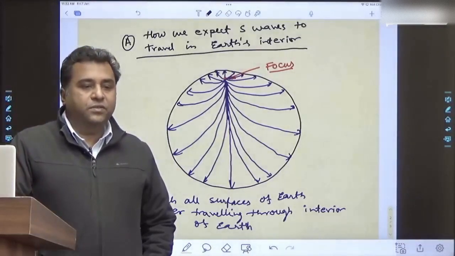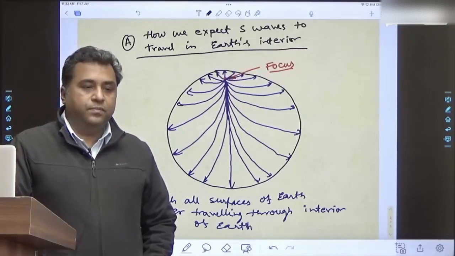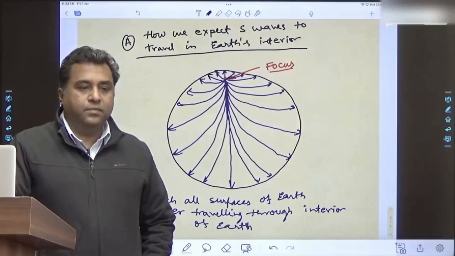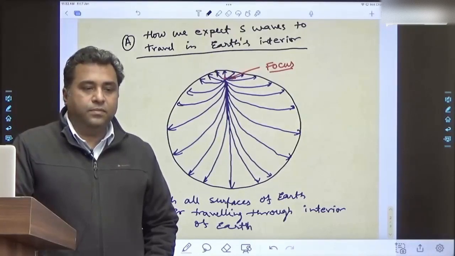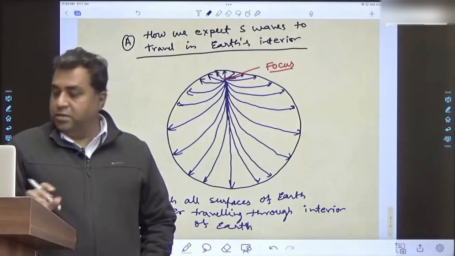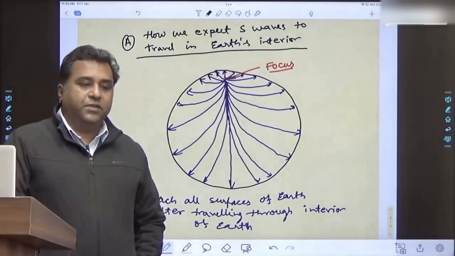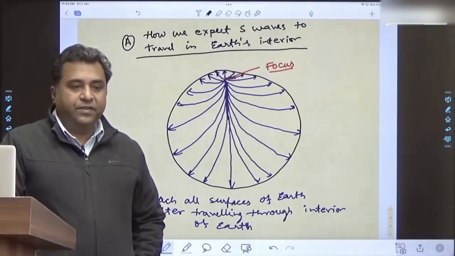No major doubts. Okay, everyone has hopefully drawn this and it is clear. Right? That this is what we expect the S waves to behave like.